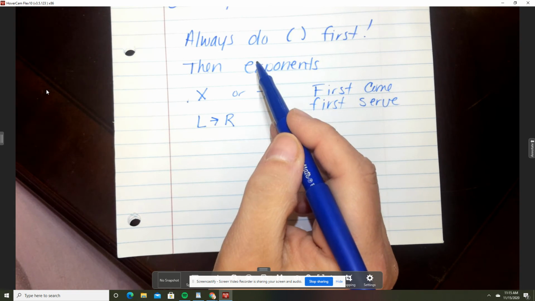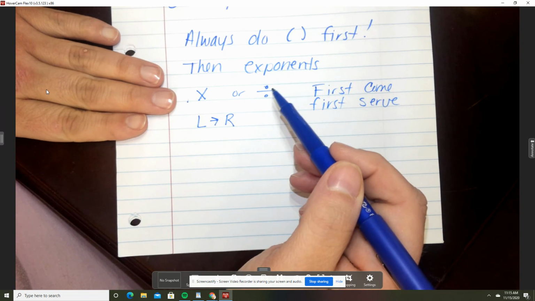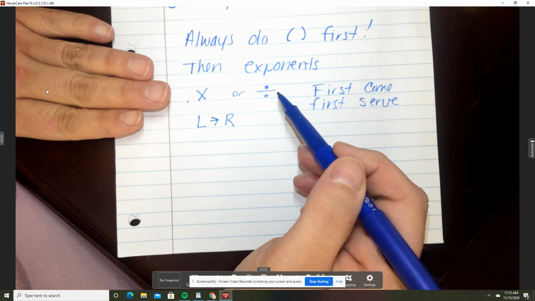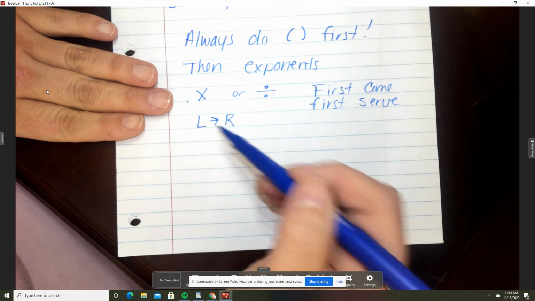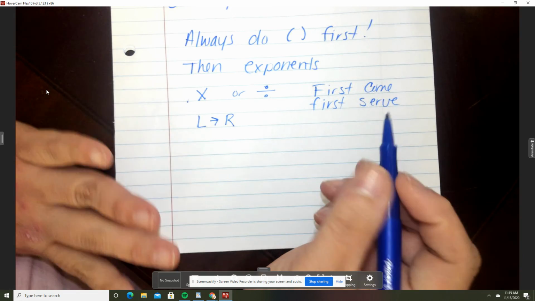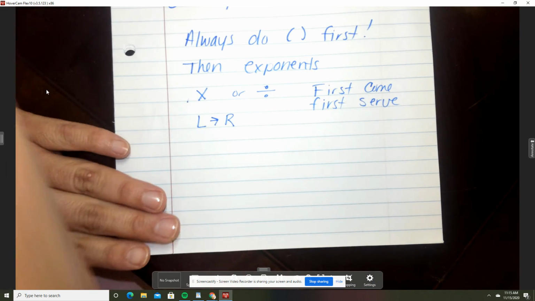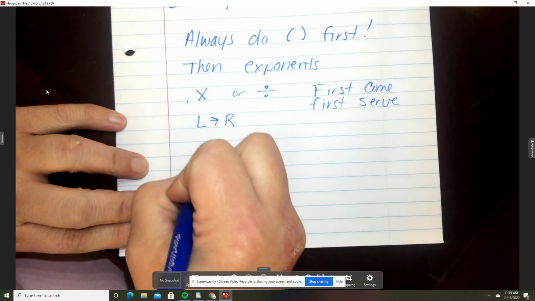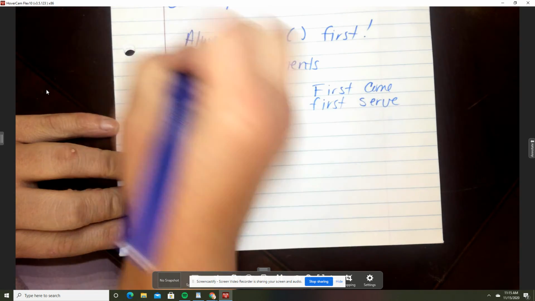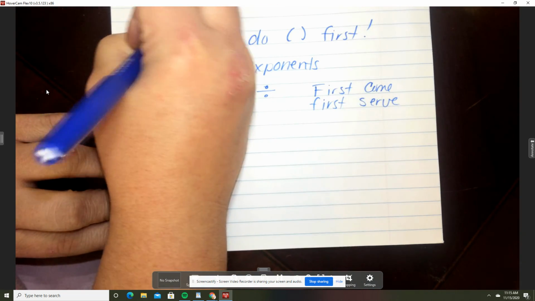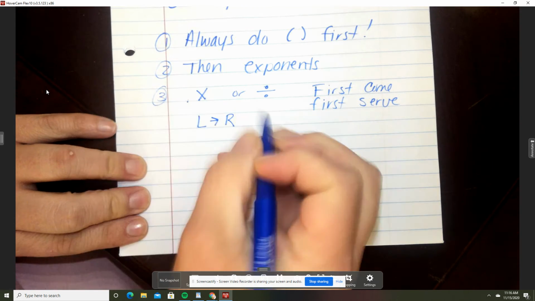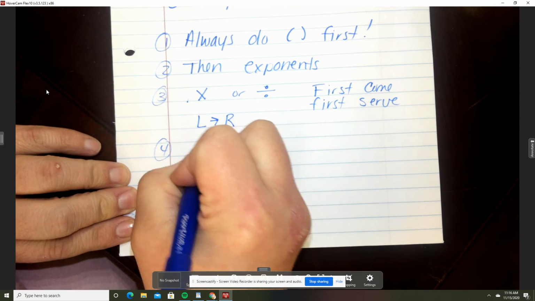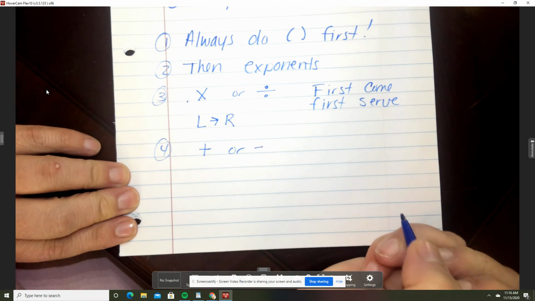So you do parentheses, then exponents. And then when you're looking at your problem, does it have multiplication or division? Well, depending on which one is coming first, left to right, then that's the one you're going to do first. All right, then would be adding and subtracting. So I'm going to say first, second, third, now fourth is adding or subtracting.